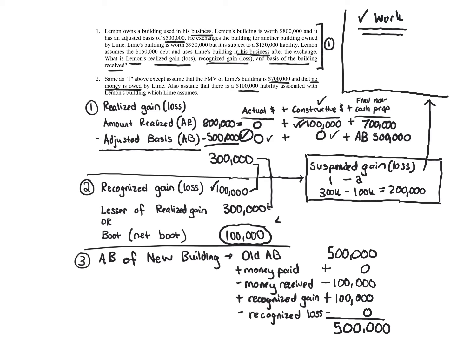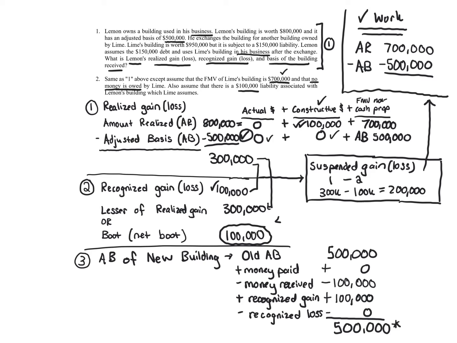Hypothetically, this doesn't actually occur. We're going to assume we sell this new building for the fair market value, which we're told is $700,000 cash the next day. Ignore all liabilities. Minus the adjusted basis we just calculated, which is $500,000. That's this right here. Boom.